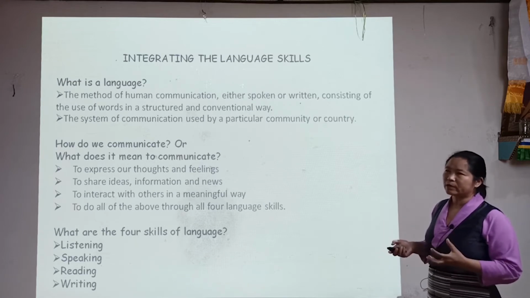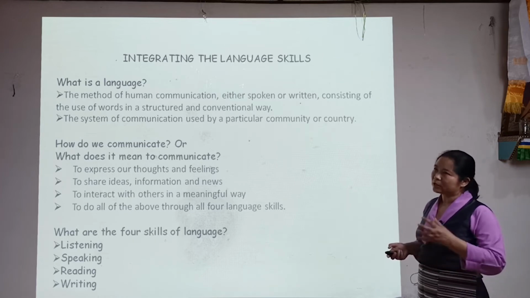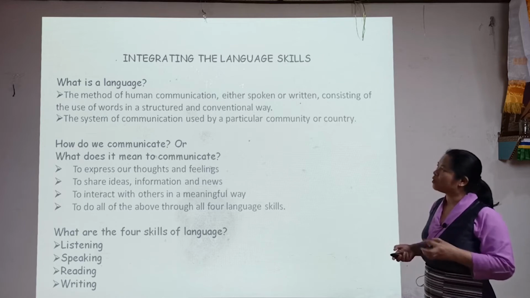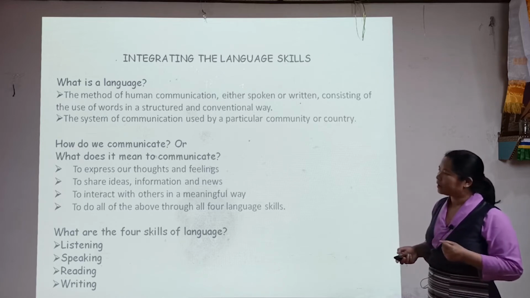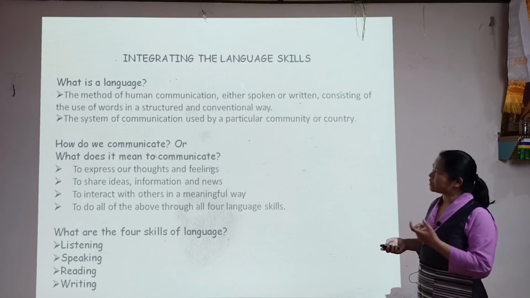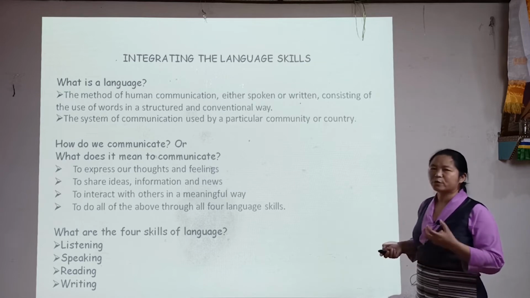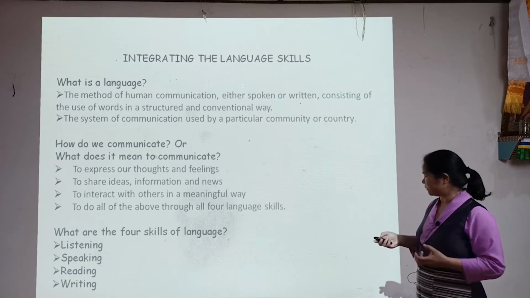Then only we will learn a language well. Otherwise, just by reading, we cannot learn a holistic language or holistic English. Next, what I'll discuss is how to integrate or combine these four skills for a productive English learning.